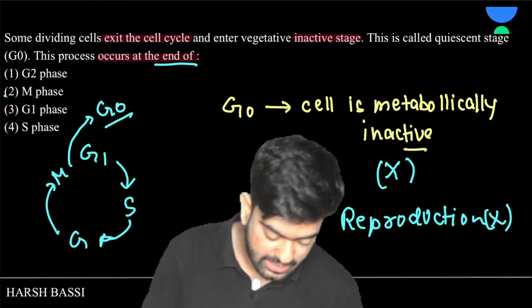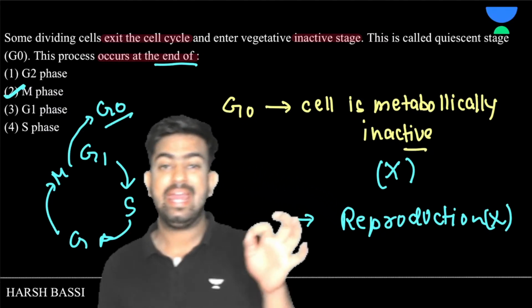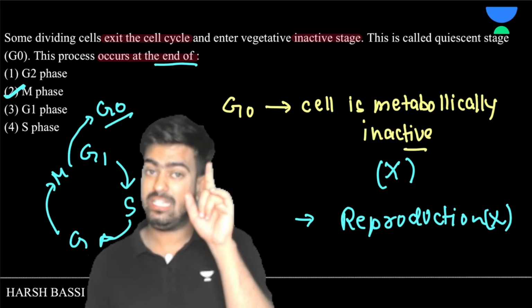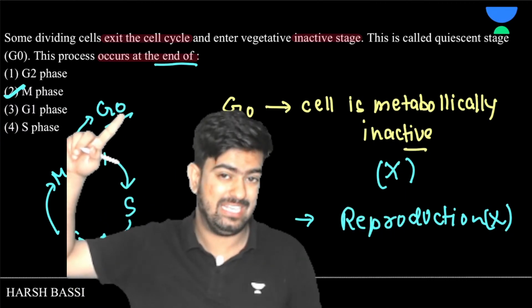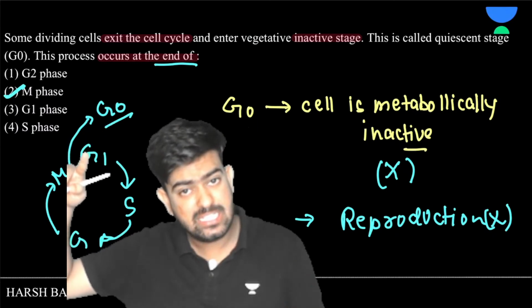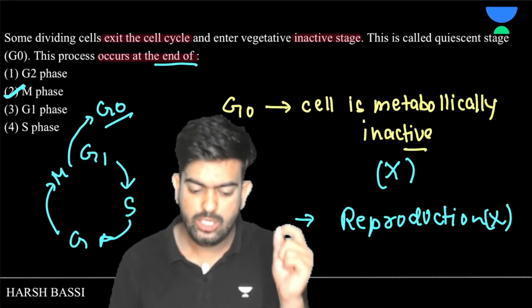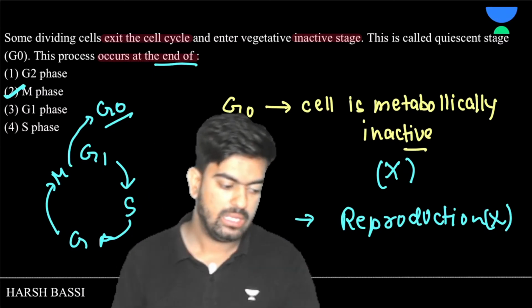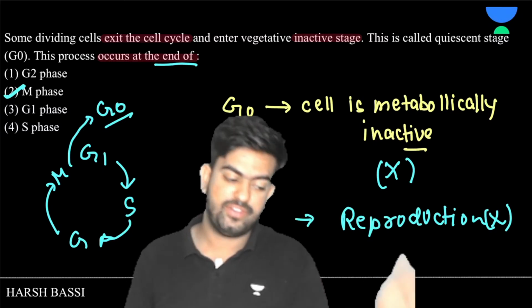So the answer is the M phase. Just remember that this G0 phase is not part of the cell cycle. It exits the cell cycle. Clear? Okay, great. The answer is M phase. G0 phase comes after the M phase.